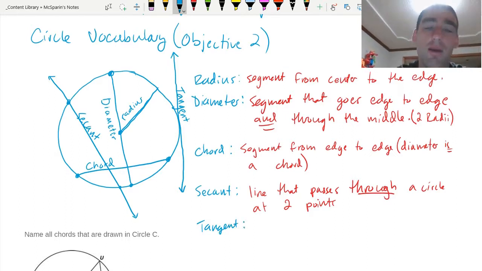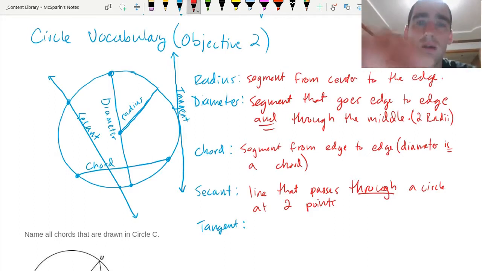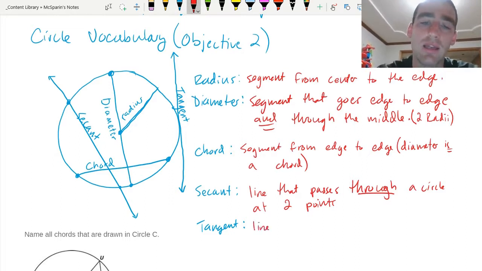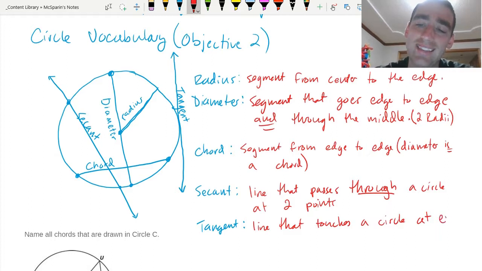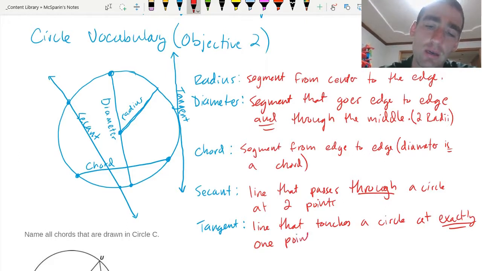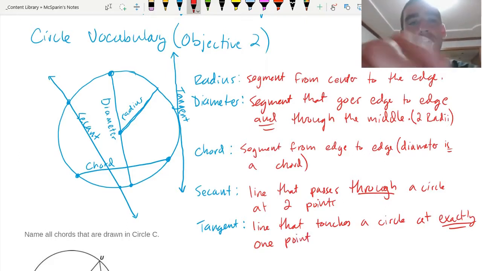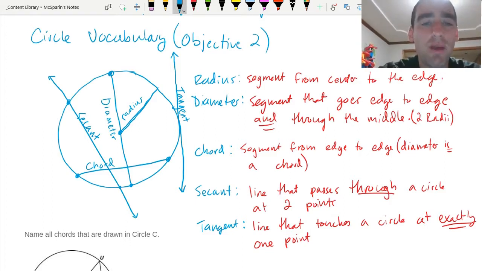Tangent. Okay, so a tangent is a line that touches a circle at exactly 1 point. So there's a lot of different tangents, but the thing we have to imagine is it barely skimming so that it only shares exactly 1 point with the circle.